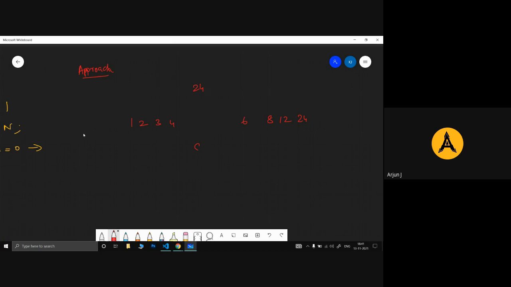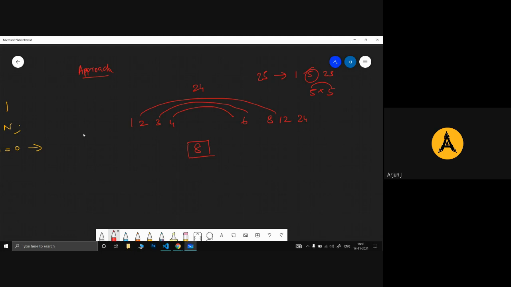So we have 8 factors in total, and we see that all of these factors occur in pairs. Even if we take 25, we have 1, 5, and 25. Even this is going to be a pair because we will get 25 only when 5 is multiplied by 5. So factors are always going to be in pairs. So what is the observation we can make from this?